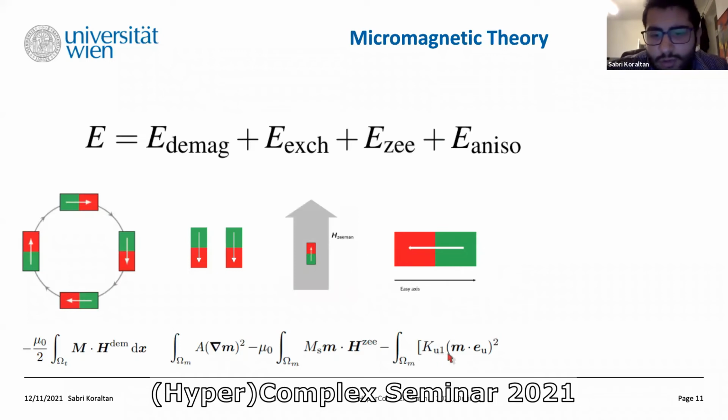The uniaxial crystalline anisotropy that we have in our samples is a perpendicular magnetic anisotropy. So we have our thin film, with lateral dimensions usually in the range of tens of micrometers, and the thickness is only 16 nanometers.